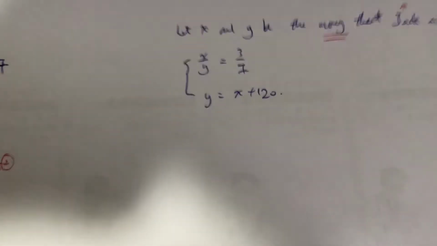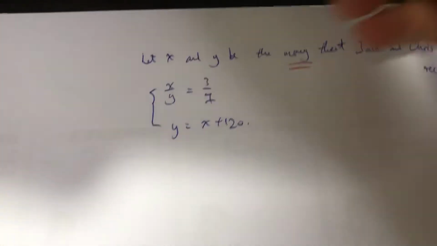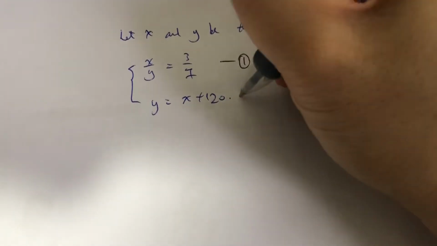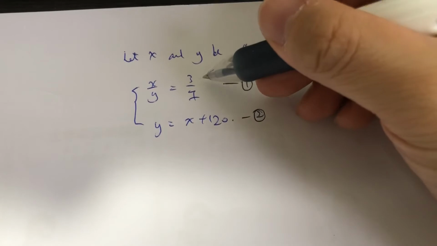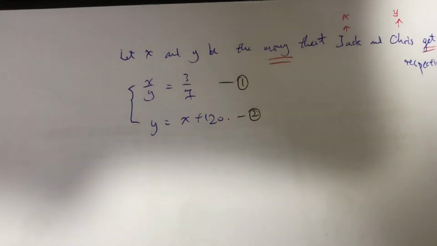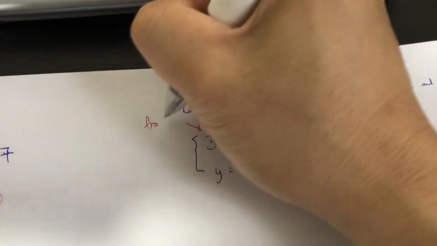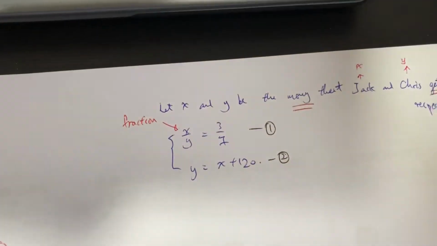Now we try to solve it by the ways we know. Before that, we may see that the first equation is quite complicated because here we have a fraction, a fraction of two unknowns.